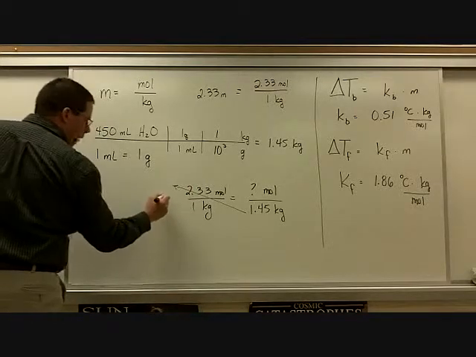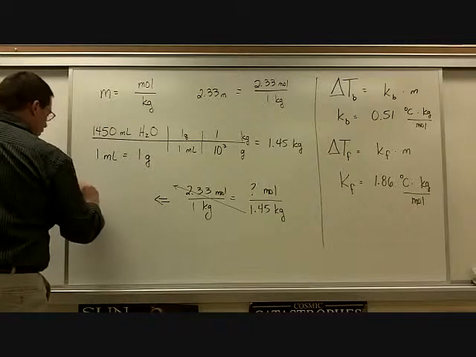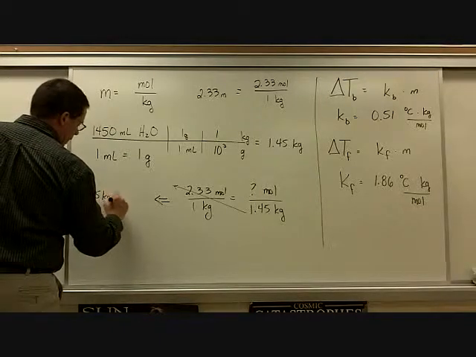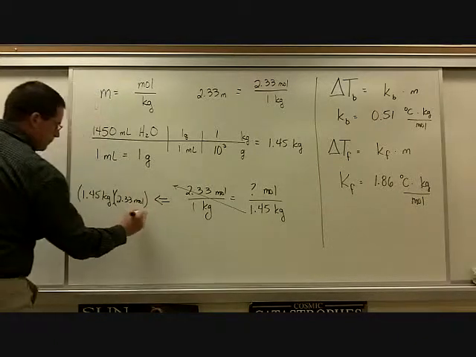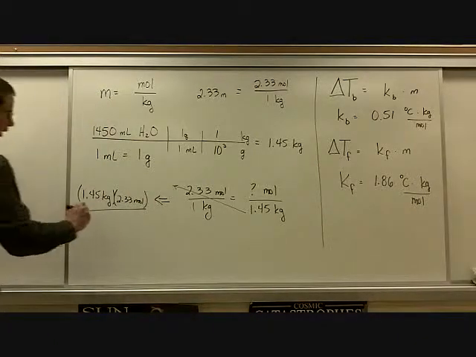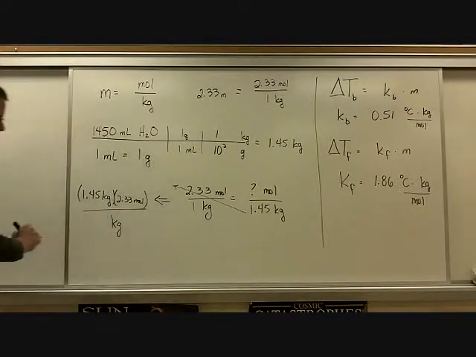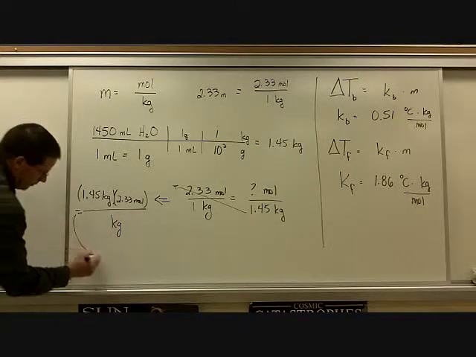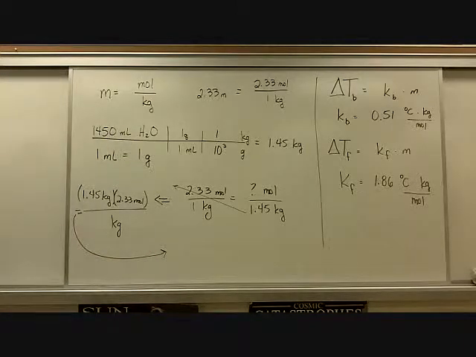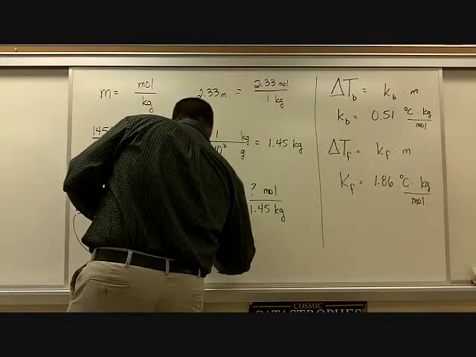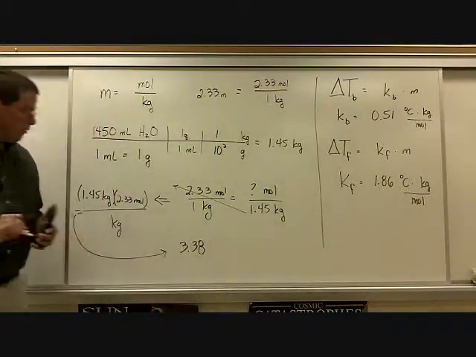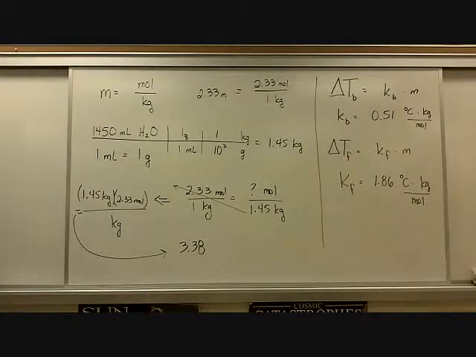So we have 1.45 kilograms times 2.33 moles over kilogram. So 1.45 times 2.33 is about 3.8. And what's my unit for that? Moles.